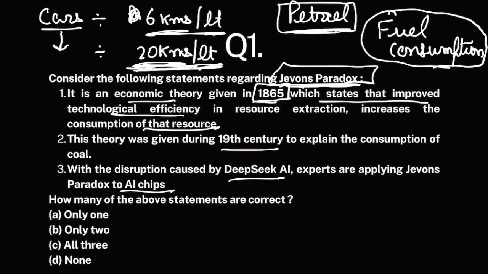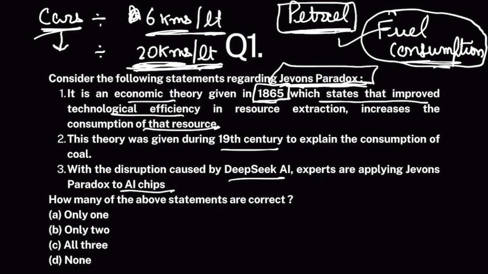But this decline in cost increases consumption manifold. People thought that fuel consumption would decline, but because of technological improvement, the decline in costs actually increased consumption. People consumed fuel more and more. This is known as Jevons paradox.